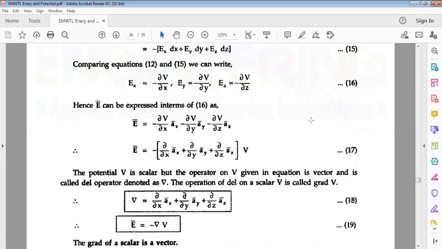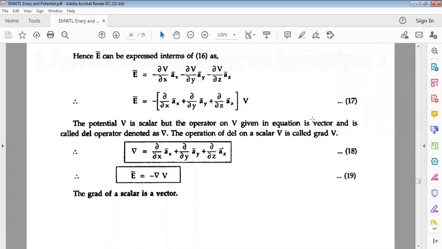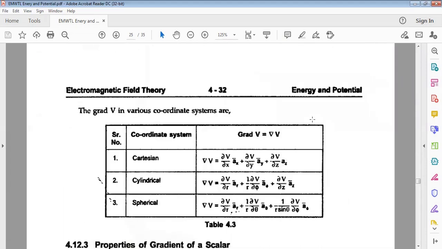Del is a function for the Cartesian coordinate system: dou by dou x of Ax bar, dou by dou y of Ay bar, and dou by dou z of Az bar.